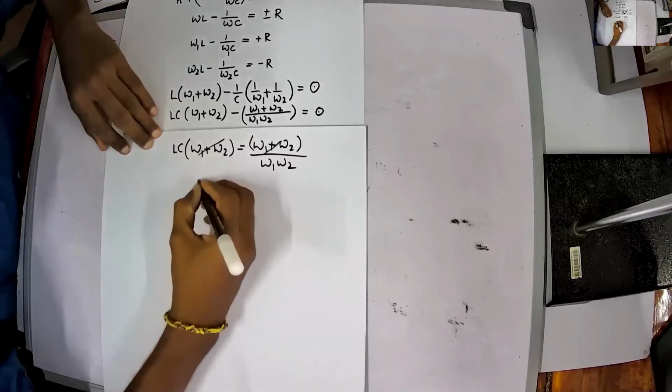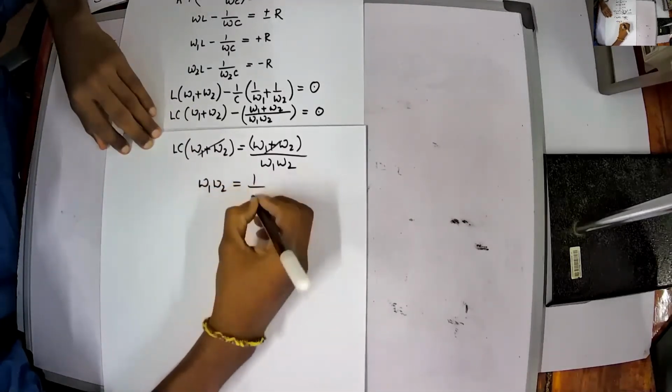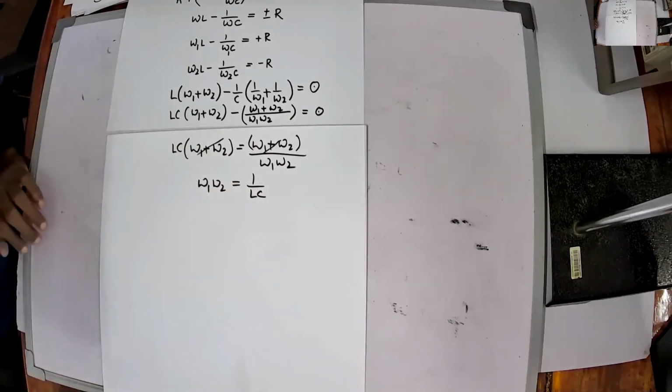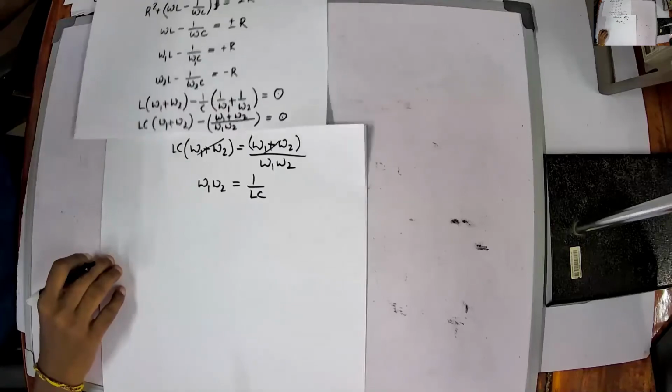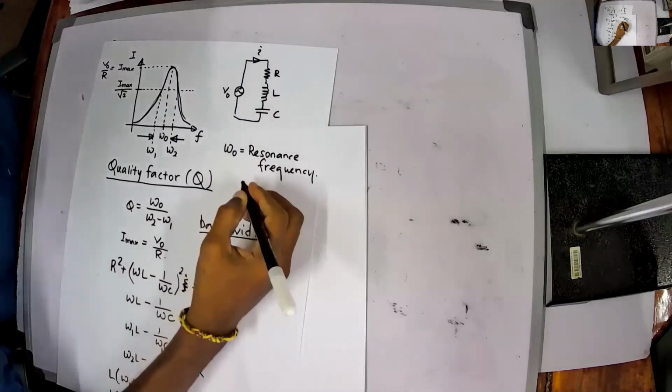So I can write omega 1 omega 2 equals 1 over LC. Right. So what is the resonance frequency you had for resonance in LCR circuits?